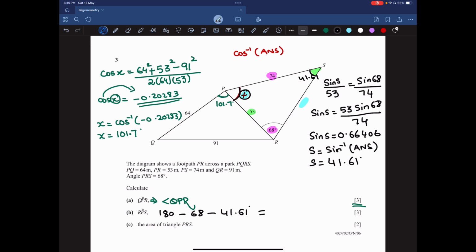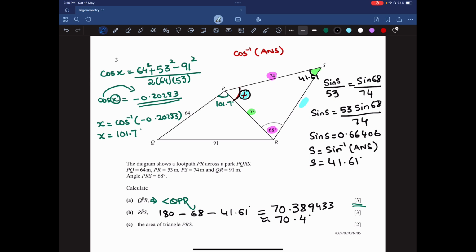So 180 minus 68 minus, instead of 41.61, you enter minus answer, and you get 70.389433. You can round it off to 70.4 degrees.